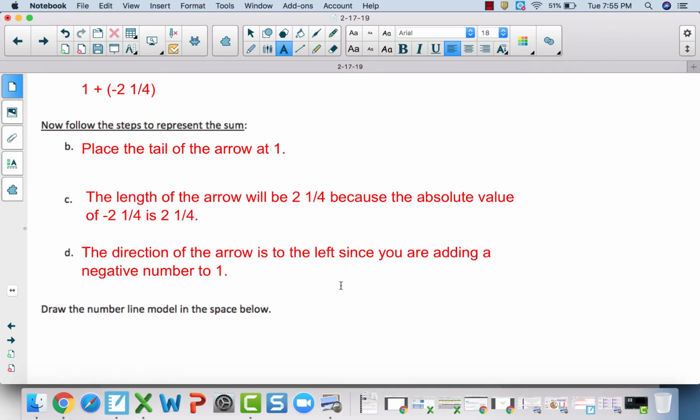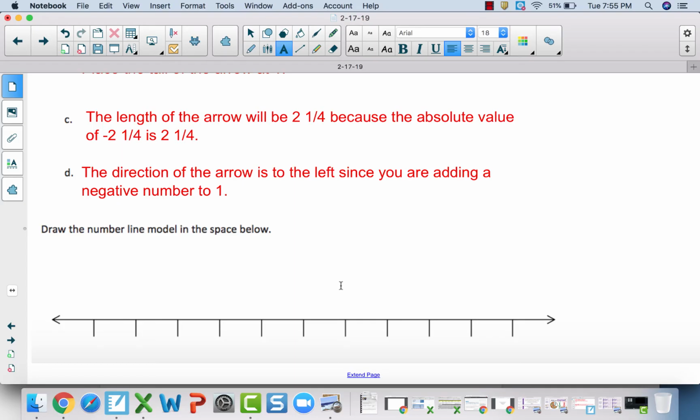All right? Now, what I want you to do is we're going to start with our 0. Let's make this 0 right there. Now, I want you to make your intervals quarters, meaning 1/4. So why don't you go ahead?